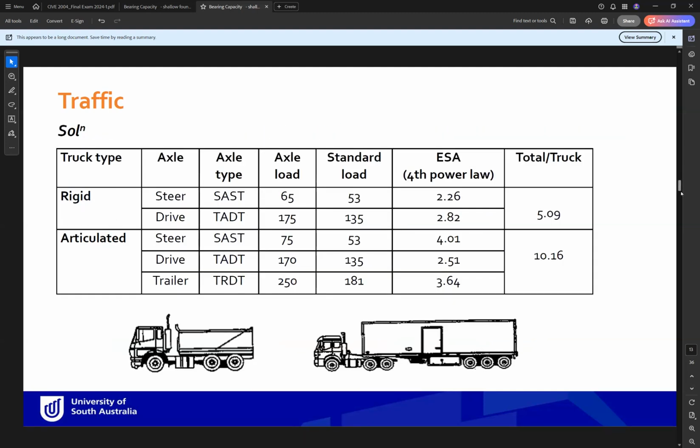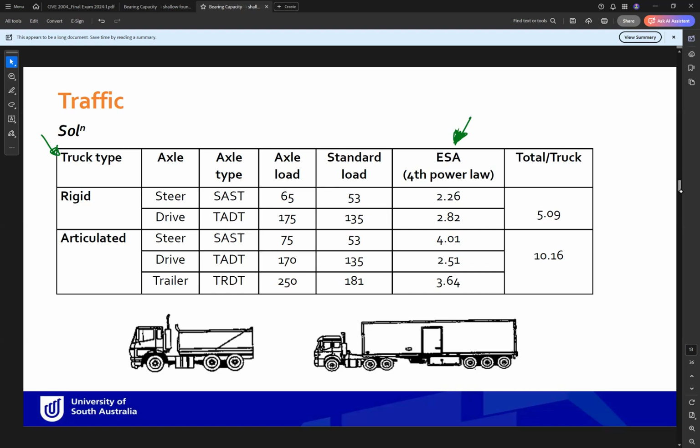So to find the ESA, we need to make a table like this. This example has 2 trucks, but in the test there will not be enough time to do two, so one is enough for a test. You will find the test containing one of the trucks.